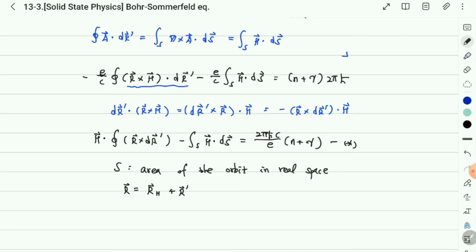Because the cross product of the parallel direction of the magnetic field with itself is zero, since they are parallel to each other, and also in this case R_h cross h equals zero because it is parallel, we can only consider the perpendicular part. Let's consider the first term in the star.